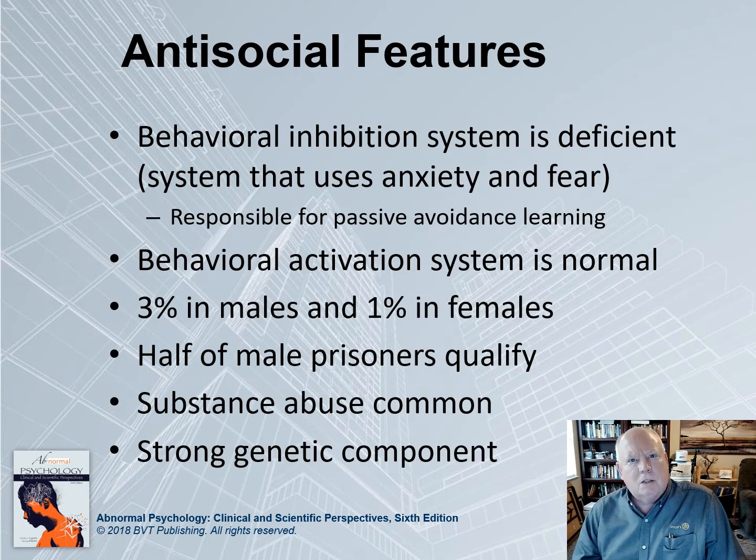Now, when I discuss the features here, we've actually got a lot of information about these individuals. And so I'll be able to give you much more that probably will give you insights into what makes a psychopath. First of all, our behavior tends to be influenced by some balancing components that we call the behavioral inhibition and the behavioral activation systems.